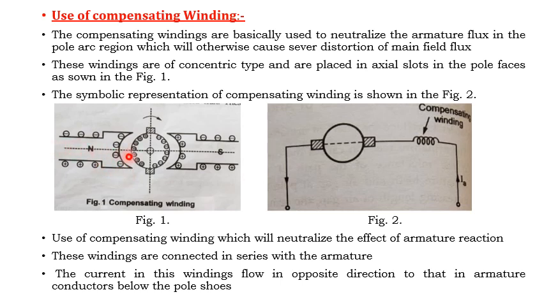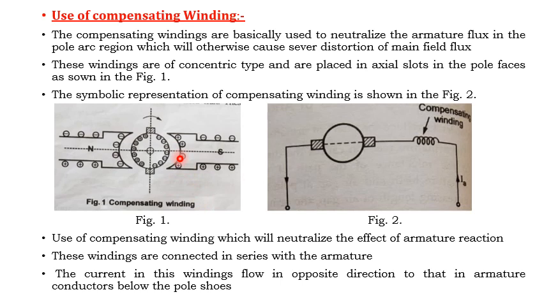Diagrammatically, it can be represented as follows: this is the main field winding, this is the armature winding, and this is the compensating winding.